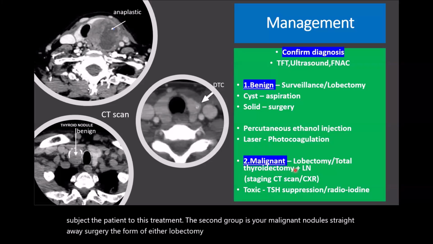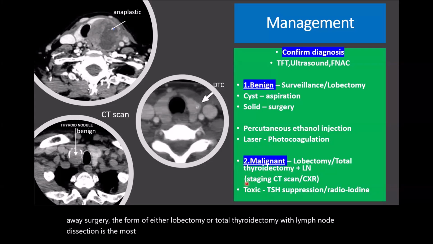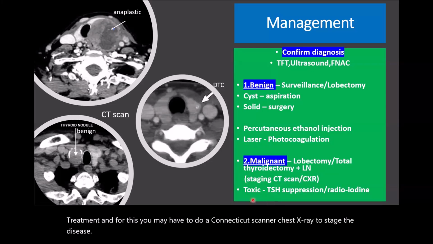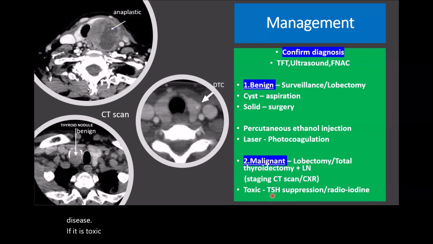total thyroidectomy with lymph node dissection is the most important treatment. And for this, you may have to do a CT scan and chest X-ray to stage the disease. If it is toxic, then you do medical treatment, TSH suppression with thyroxine, or radioiodine.